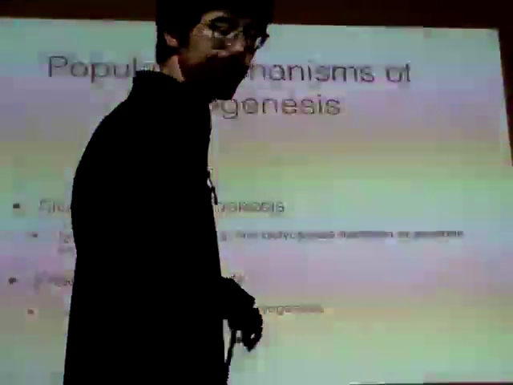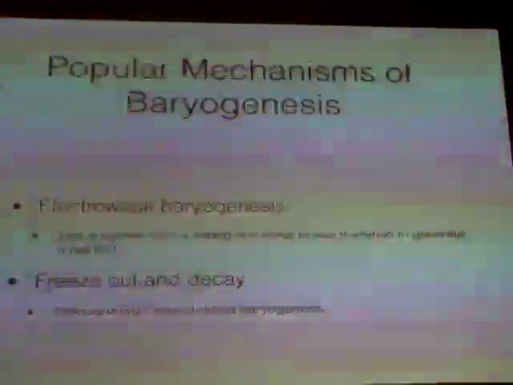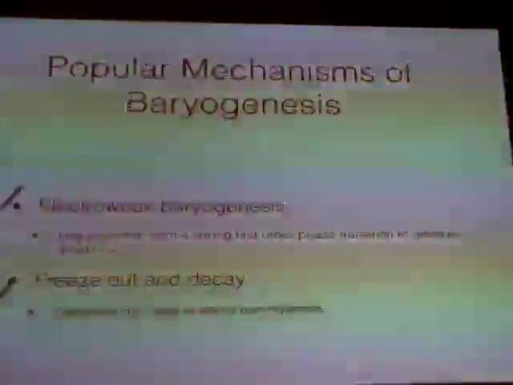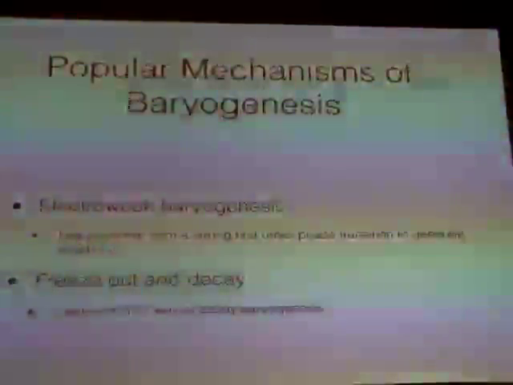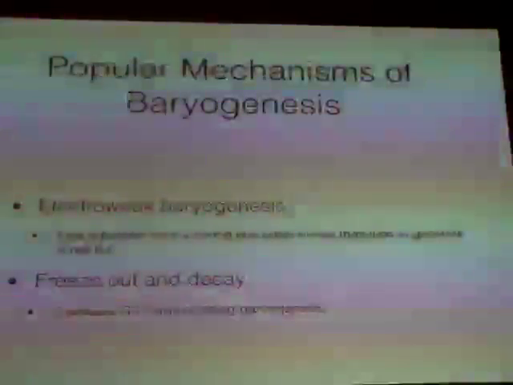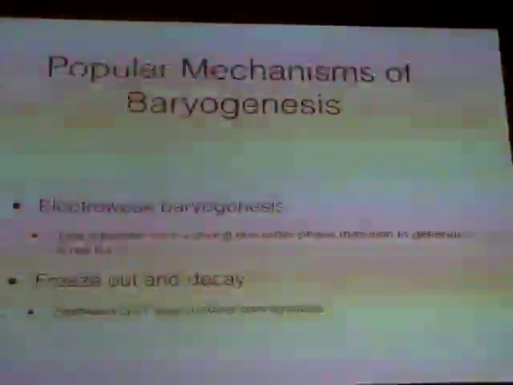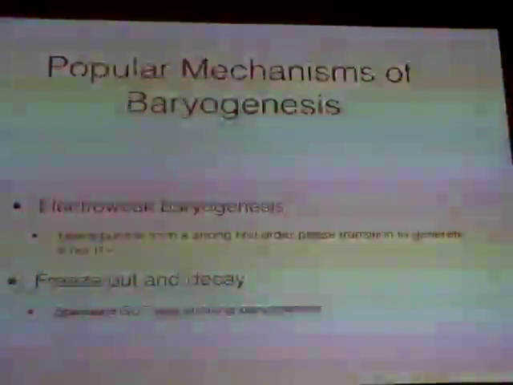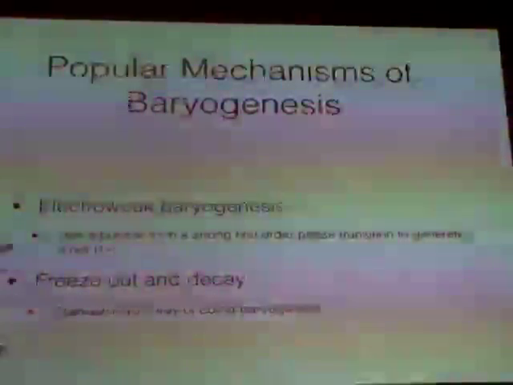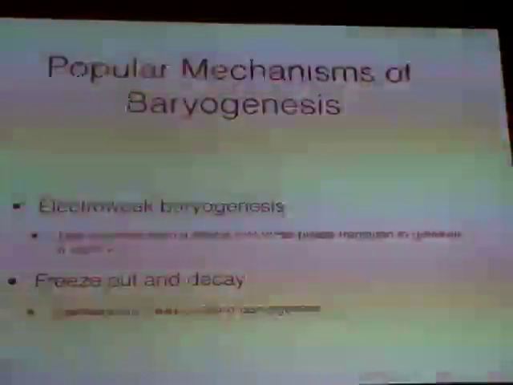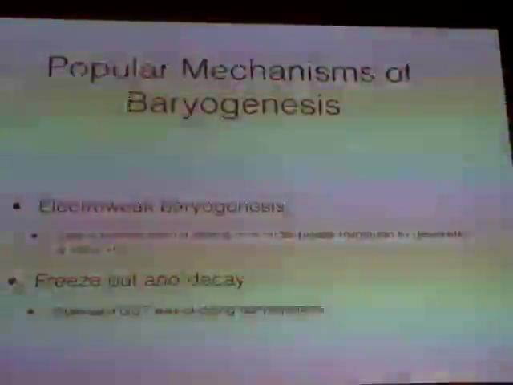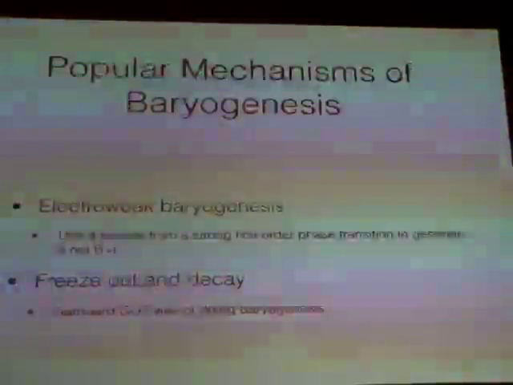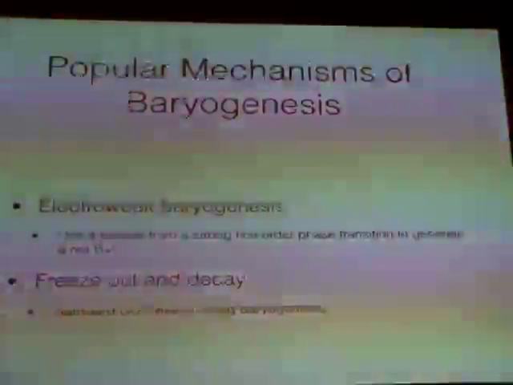So what people have done in the past to try to do baryogenesis is, in some sense, the most compelling attempt is electroweak baryogenesis, because for that, the hope was that you didn't need new physics. If you assume that the electroweak phase transition is strongly first order, then you have regions of space which have sphalerons converting baryons into lepton numbers.